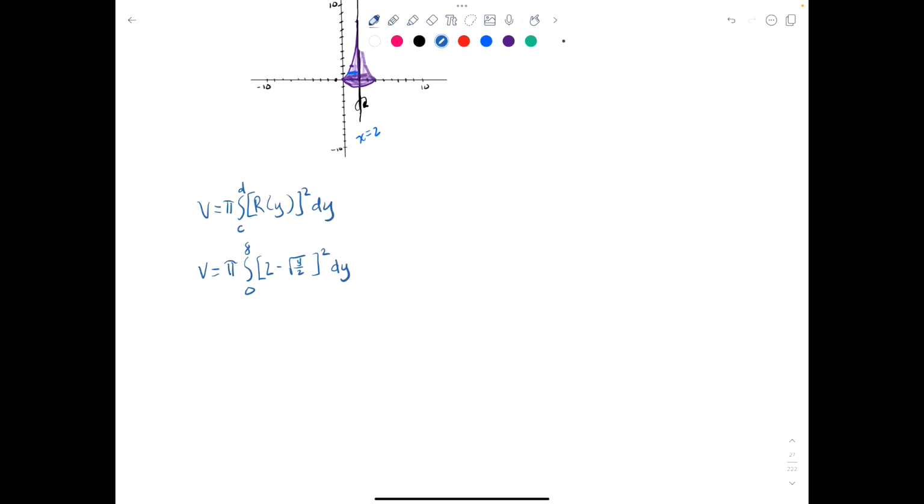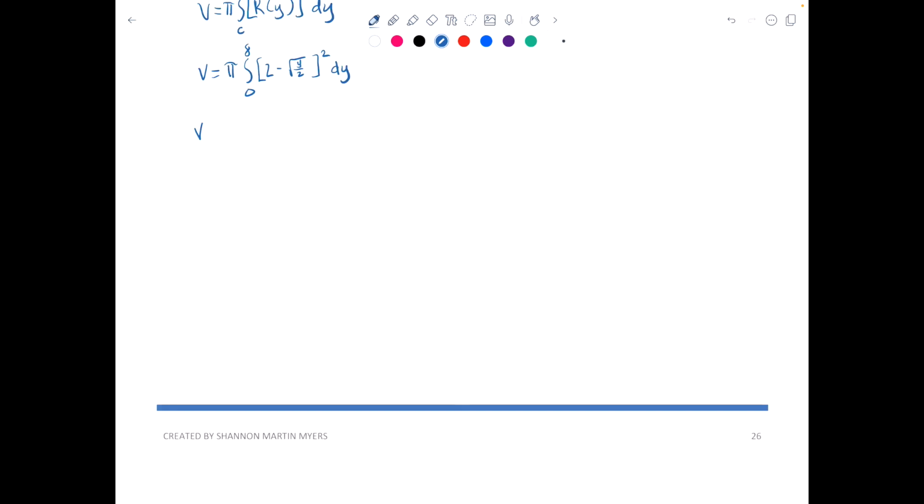You're squaring a difference of two terms here. So don't forget we've got to square that whole quantity. So we'll have pi times the integral from 0 to 8. 2 squared is 4. And then we multiply 2 times the product of the ends. So that'd be 2 times 2 times root y over 2, which gives us 4 times root y over 2. And then the square root of y over 2 squared is just y over 2 dy.